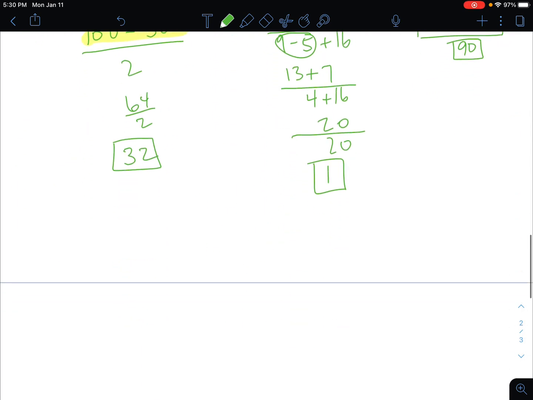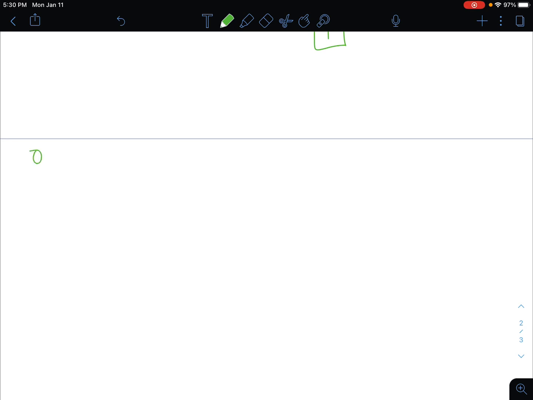So 8B. All right, gotta go to another page.